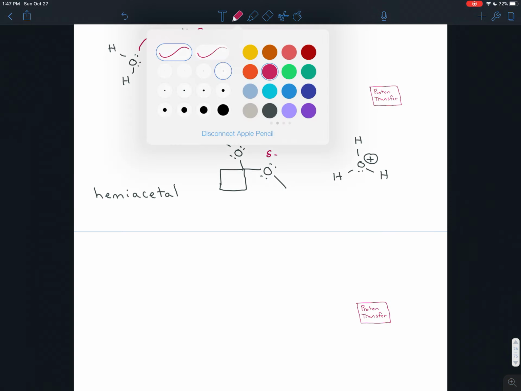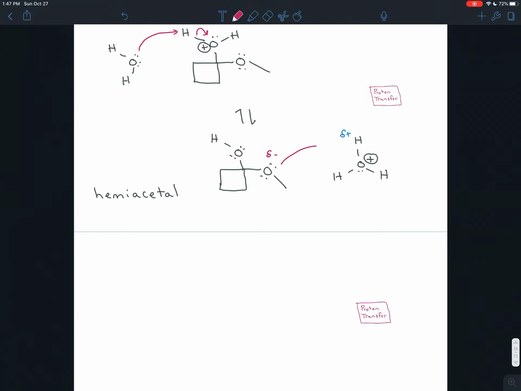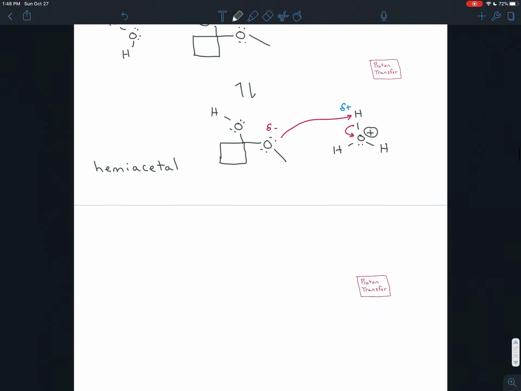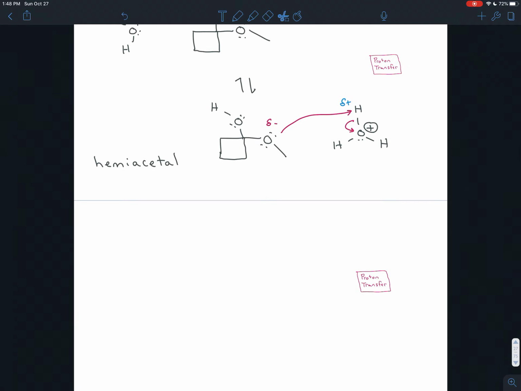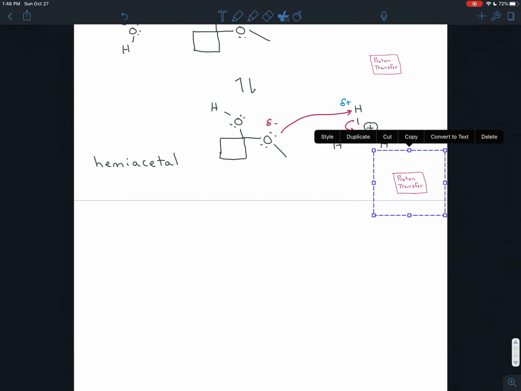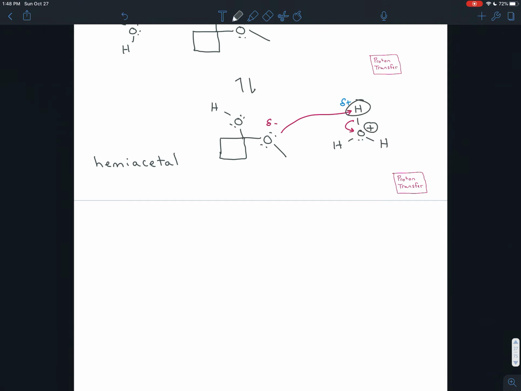So the slightly negative oxygen in this ether will attack one of the slightly positive hydrogens in the acid. It'll attack the hydrogen, and the electrons snap back toward the positive charge on the oxygen. So that is our proton transfer there. Notice we're transferring this proton from one molecule to another.